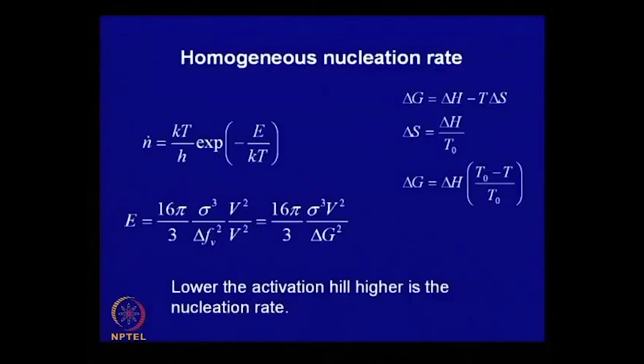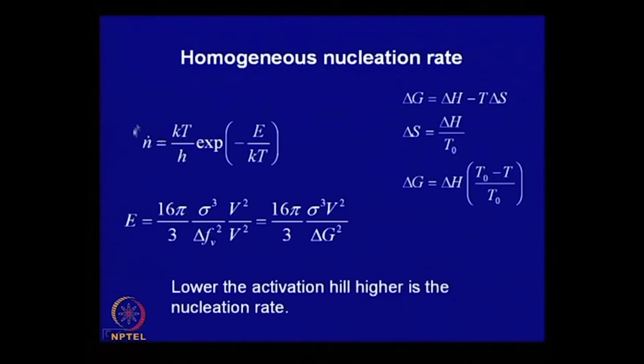And for the nucleation rate, you can use the reaction rate theory, the rate at which nucleation takes place. This is a frequency term, where kT is the Boltzmann energy, which you divide by Planck's constant; this is the frequency factor, the total number of attempts being made.